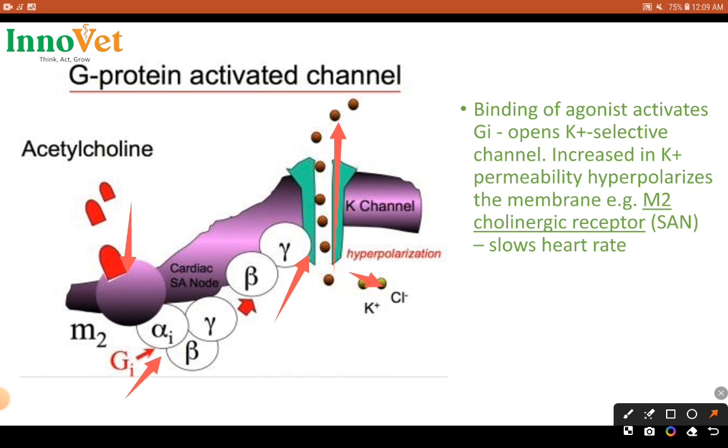So this will cause the negative charge in the cell to be higher than the resting membrane potential, hence leading to hyperpolarization. This hyperpolarization is like an inhibitory response. So in this case, we shall have a decrease in heart rate. That means when acetylcholine binds to the muscarinic 2 receptor, it will lead to a decrease in heart rate.